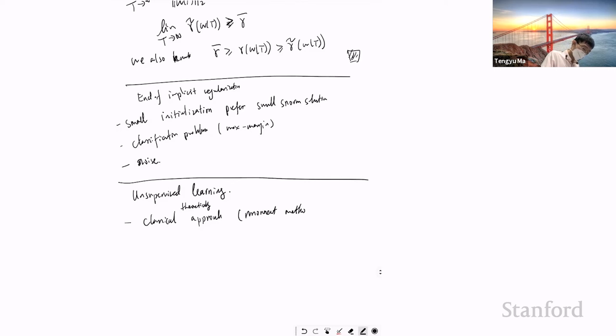These methods don't necessarily work very well empirically, but you can analyze them in a very clean way, and these mathematical techniques are also useful for many other cases. So I think it's worth spending one lecture on this approach.